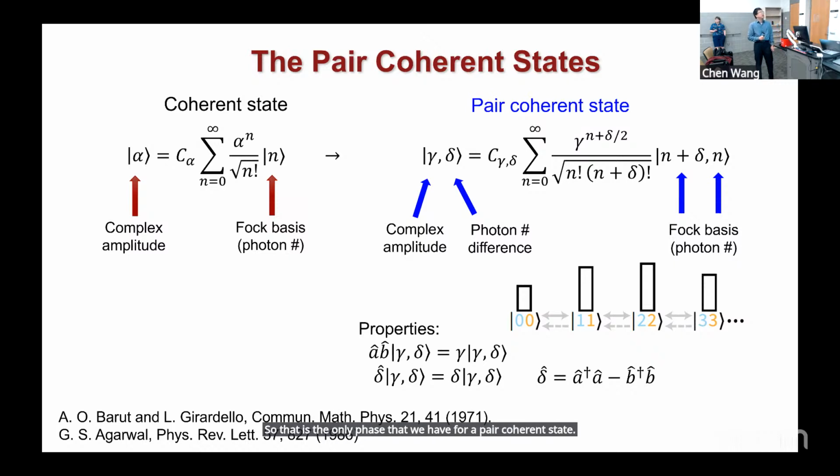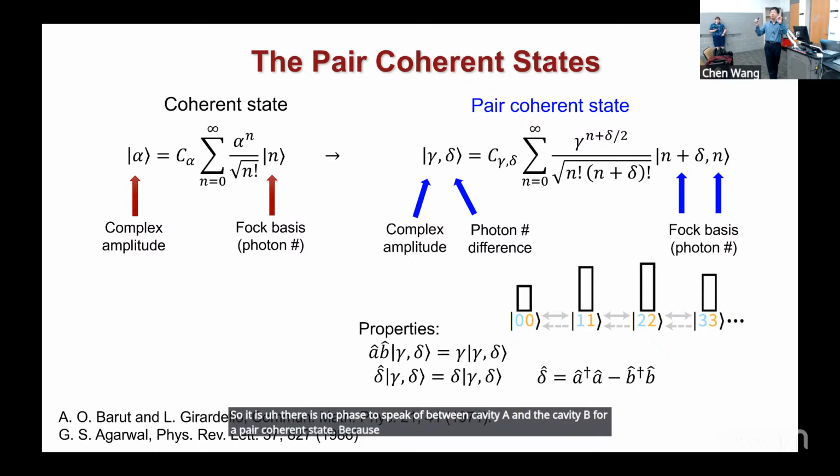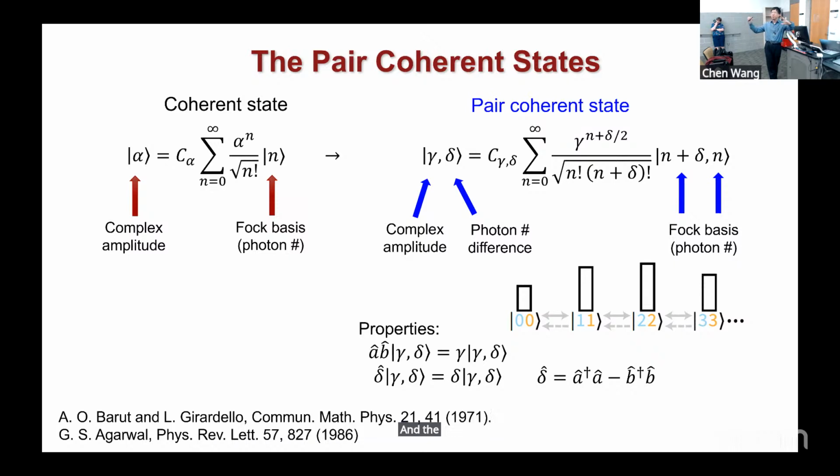There is no phase to speak of between cavity A and cavity B for a pair coherent state, because when you define a phase for A and a phase for B, you're defining a superposition within A and a superposition within B, and then you entangle the two states together.